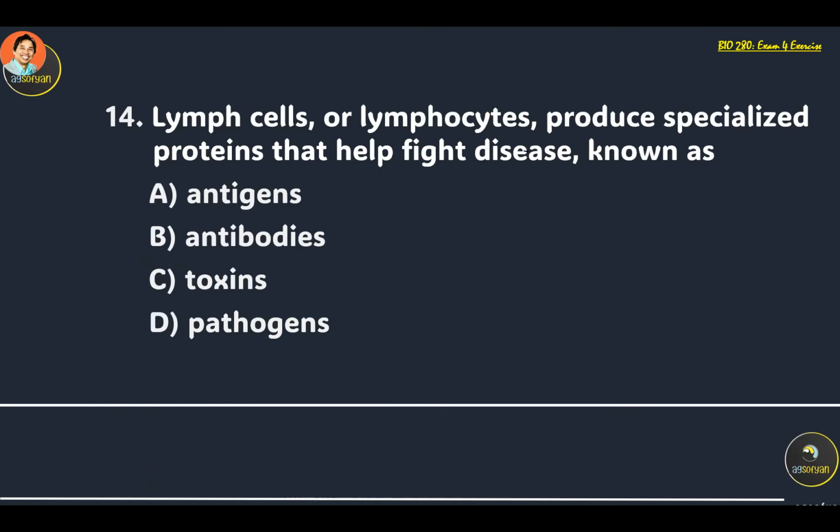Lymph cells or lymphocytes produce specialized proteins that help fight disease, known as A, B, C, or D. We already learned before that lymphocytes consist of 2 types of cells. The first one is called the B cell or B lymphocyte. And the second one is the T cell or T lymphocyte.